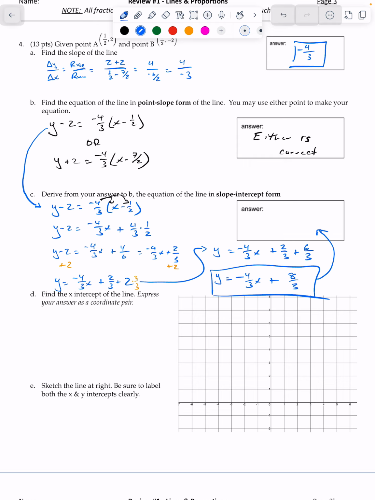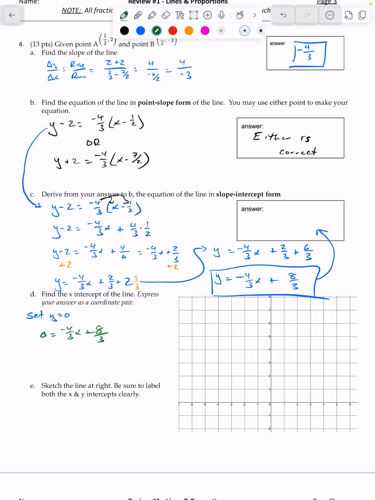I won't rewrite it while you're watching. Find the x-intercept of the line. Okay, so to find the x-intercept, we set y equals 0. So 0 equals negative 4/3 x plus 8/3.